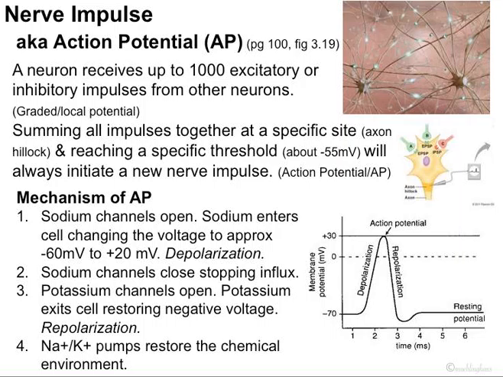It changes the voltage locally from negative 60 to about positive 20 millivolts, because they take all that positive inward. That's known as depolarization. When we reach about plus 20 millivolts, or plus 30 here in the picture, a voltage switch closes that channel, and that stops the influx of sodium.